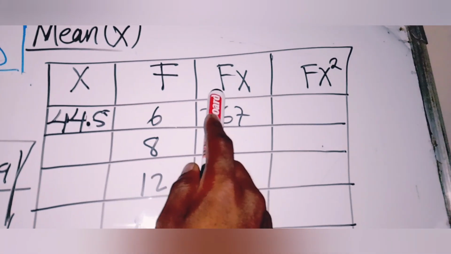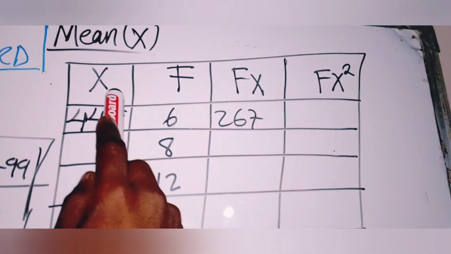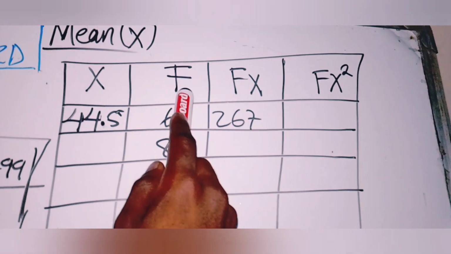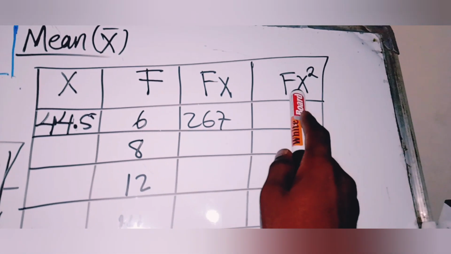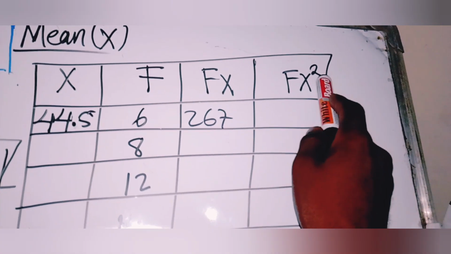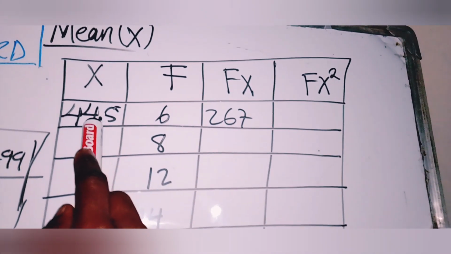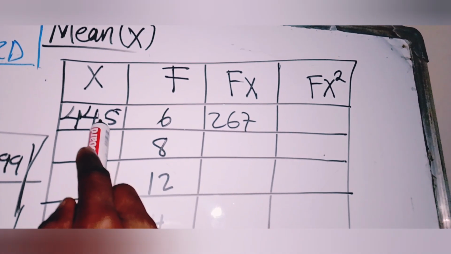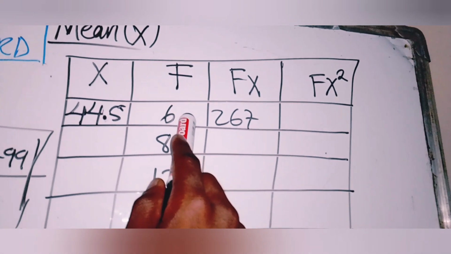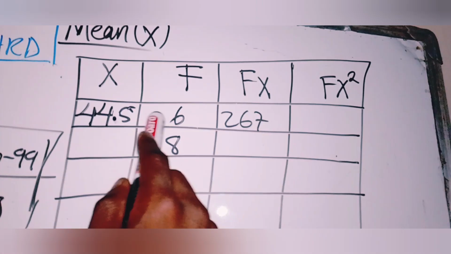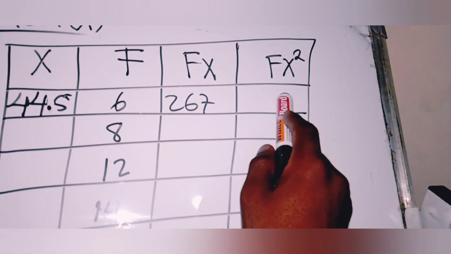So fx means f times x, or x times f. So if you want to find fx squared, x squared means x times x. So 44.5 times 44.5, the answer you have to multiply times 6.